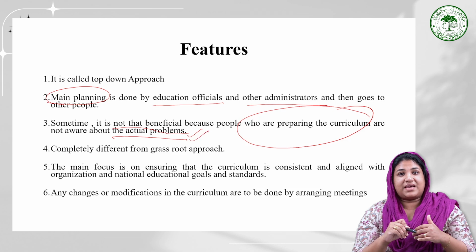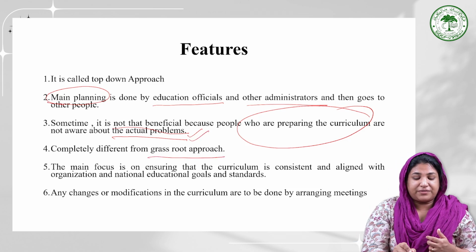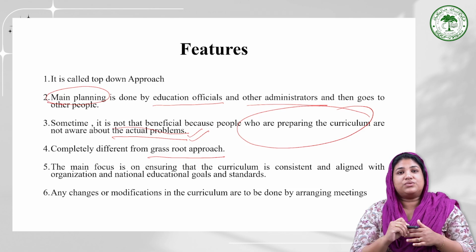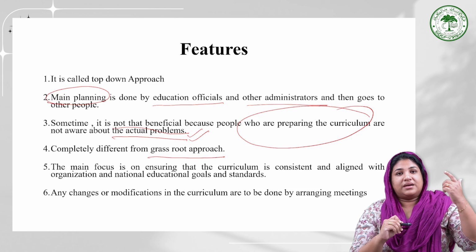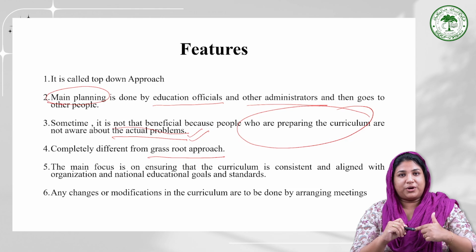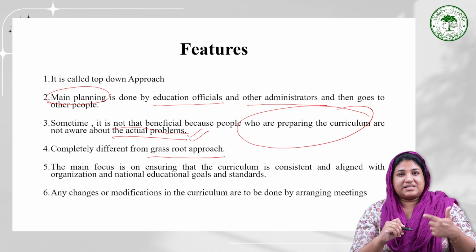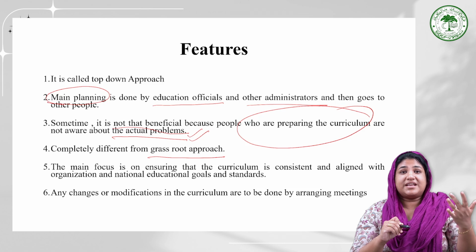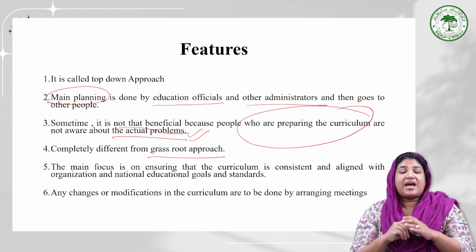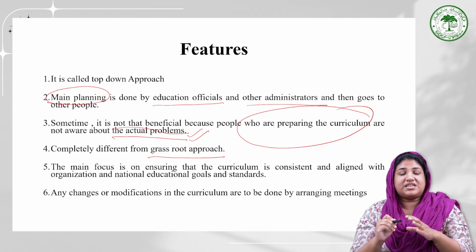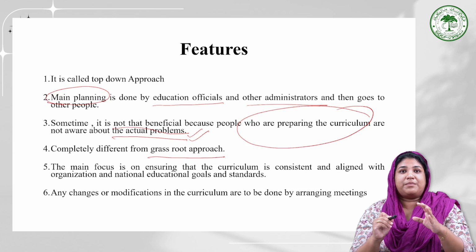That is why it is different from the grassroots approach. The grassroots approach is a bottom-up approach. The administrative model is top to bottom, and the grassroots approach is just the opposite, bottom to top. In that, need analysis takes place first, and the aspirations, experiences and perceptions of the teachers are considered in the beginning.